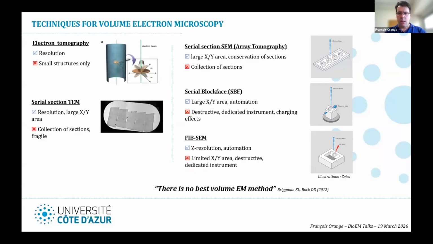On the right, the other and most recent volume EM techniques: you have serial section SEM, array tomography, where you still have the tricky part of the collection of sections, but you can collect more on a hard support. Serial block face and focused ion beam, you put your resin block with your sample embedded in it within the chamber of the microscope and mill or cut it with automation, and then you can go into a very large volume of data, but they are destructive.